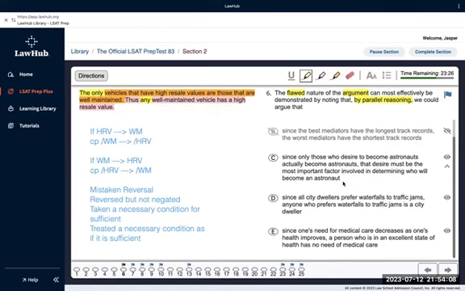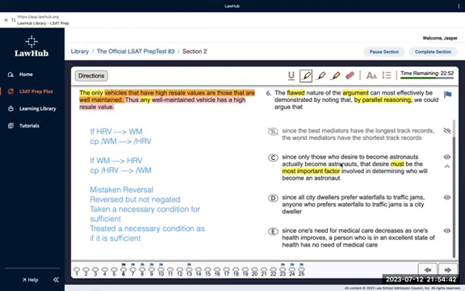Since only those who desire to become astronauts actually become astronauts, that desire must be the most important factor involved in determining who will become an astronaut. Okay, so that is saying that since the desire is necessary, the desire must be the most important factor. Again, it's not saying that the desire is sufficient.